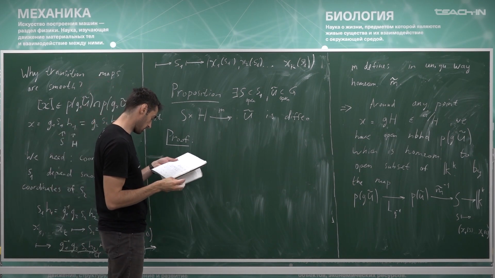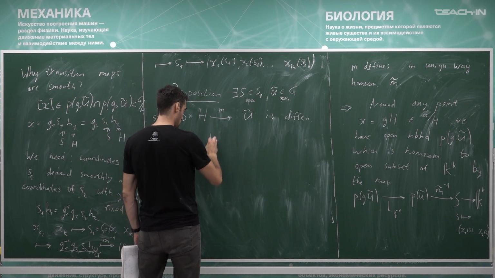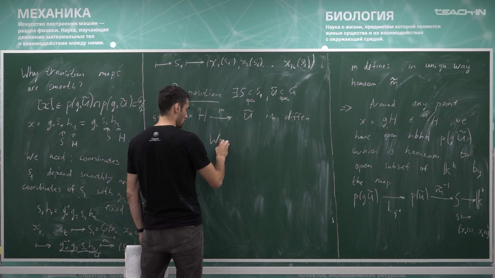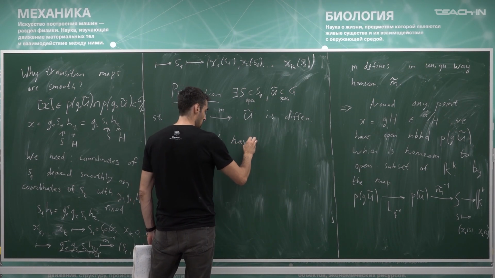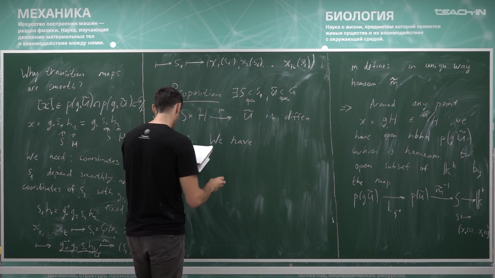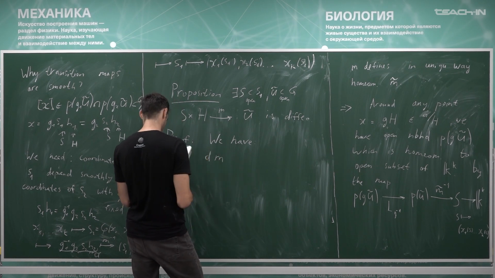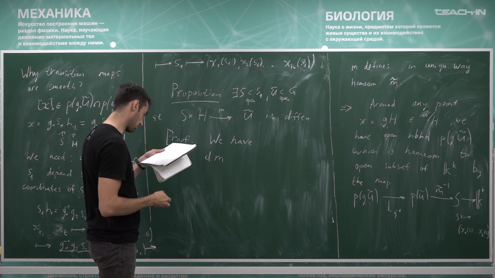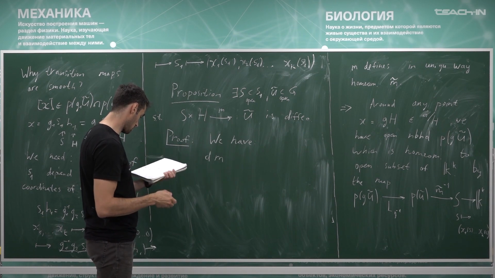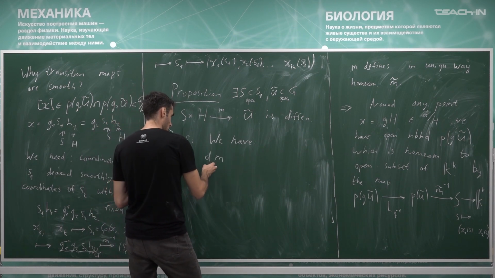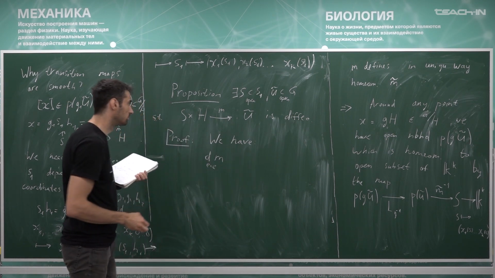So the first observation that I need is the following. If I take the differential of this m at identity, so actually at identity times identity, right?